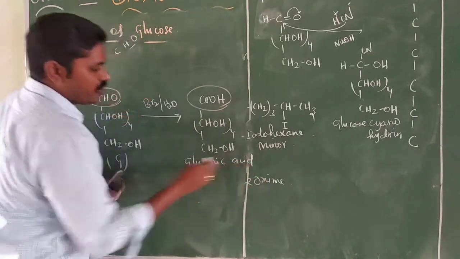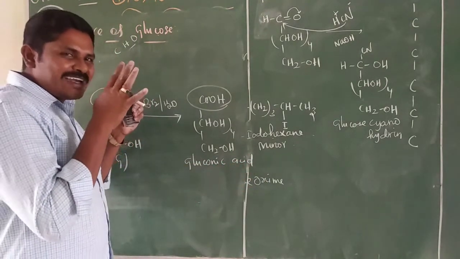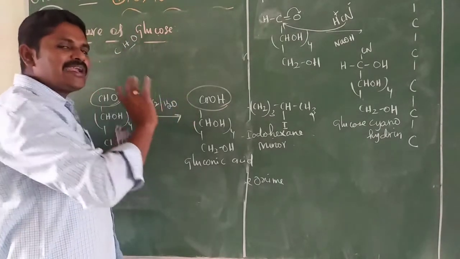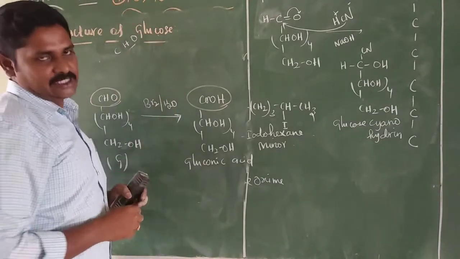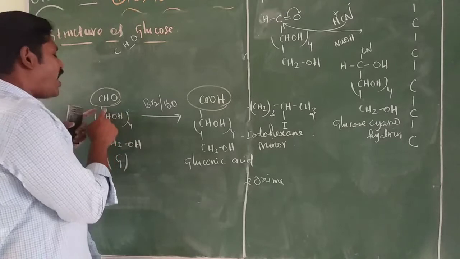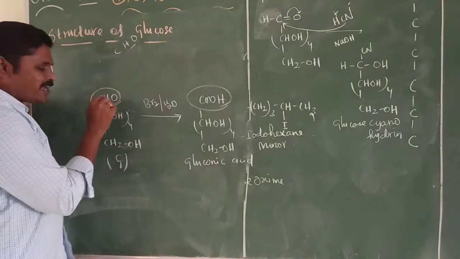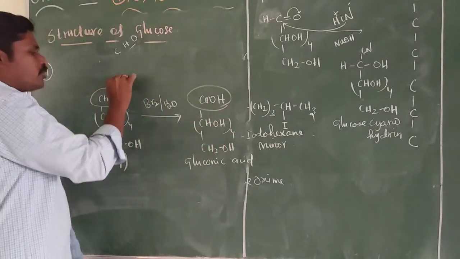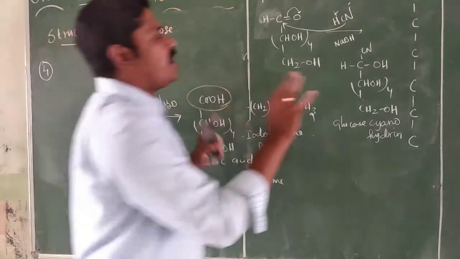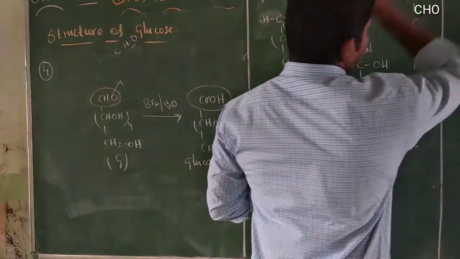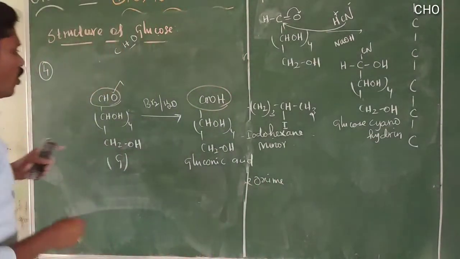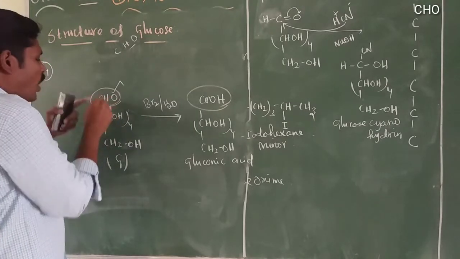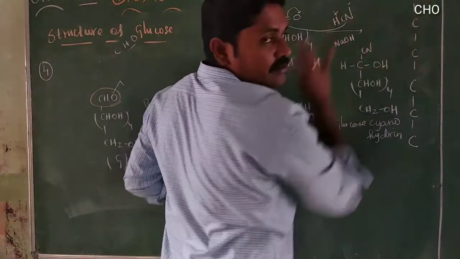Only the aldehyde group is oxidized by mild oxidizing agents; a ketone does not oxidize with them. So this reaction indicates the aldehyde group is present at one end of the carbon chain of glucose.